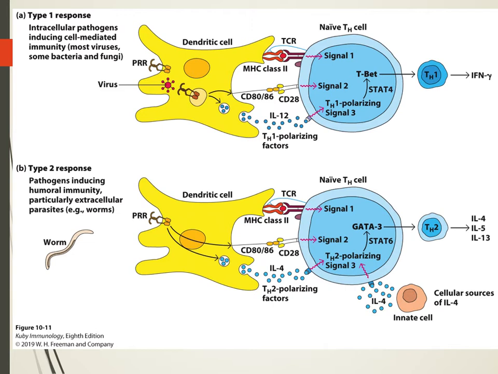So we get our first signal, we get co-stimulatory signal for second signal, and we get cytokine production like IL-4. So again, all of this information comes and gets processed in. So we get STAT6 activation that leads to GATA3 activation, and then now we have a Th2 profile, okay, so a type 2 response.